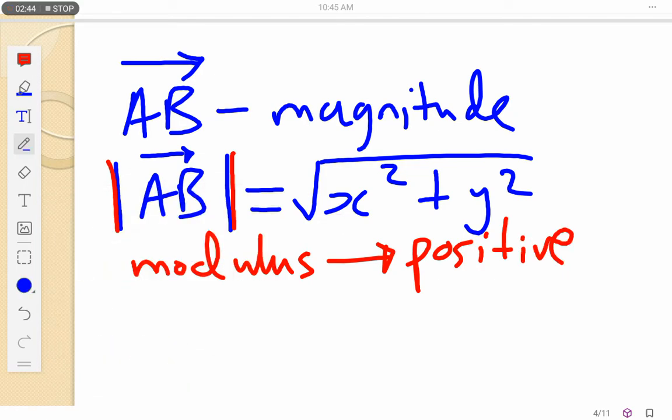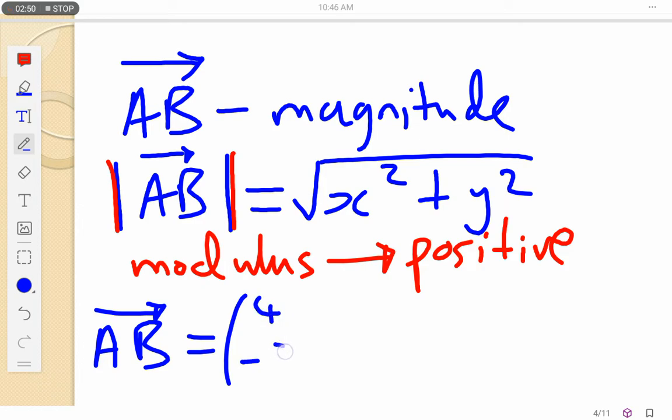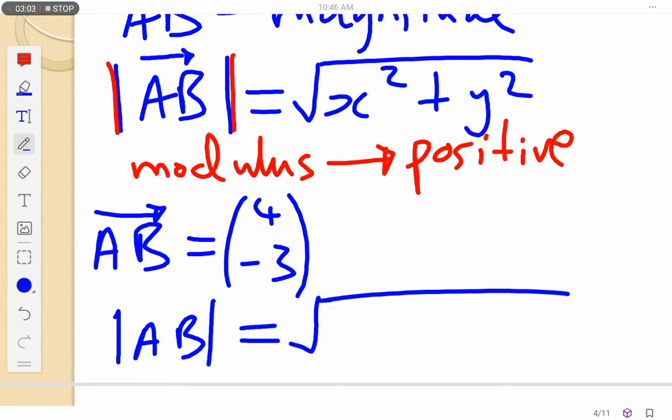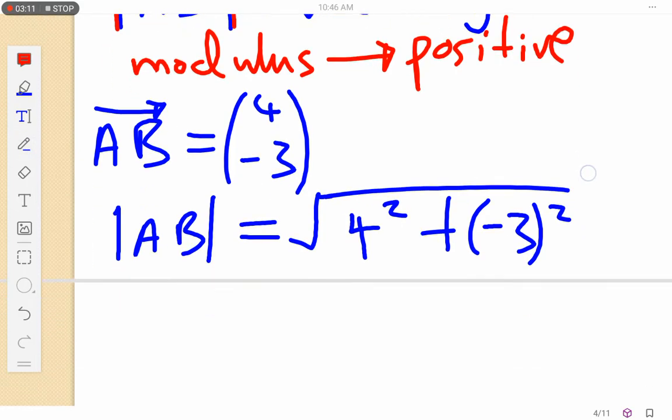So now, taking into consideration our AB, which was 4, minus 3, let's put it into our formula and see what we get. We will get the modulus of AB as square root of 4 squared plus minus 3 squared. I'm putting the bracket so that you see it's a negative there.